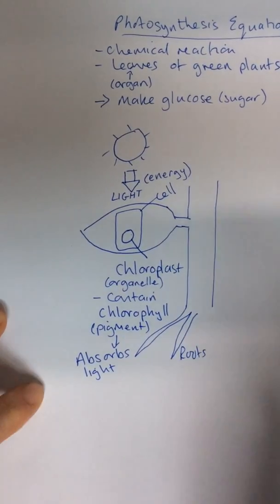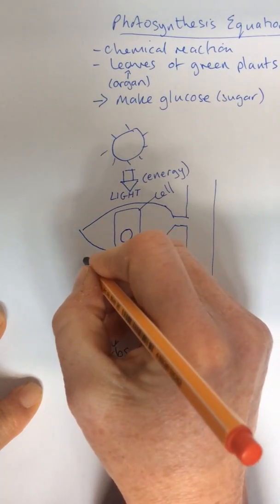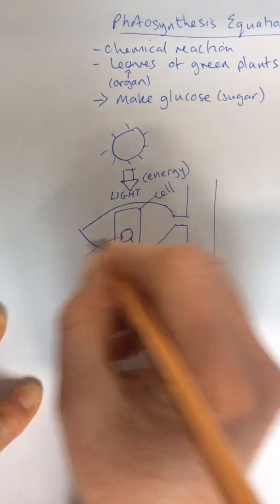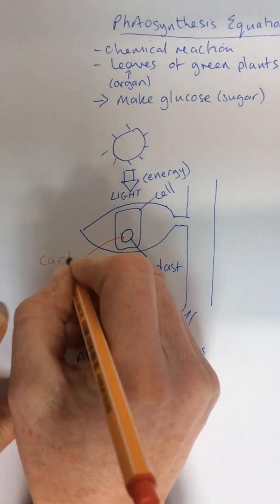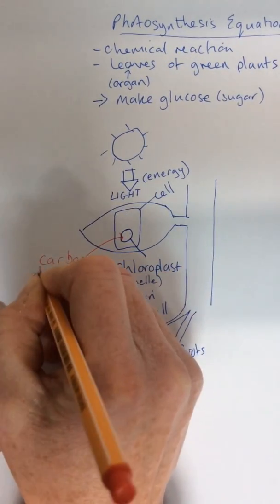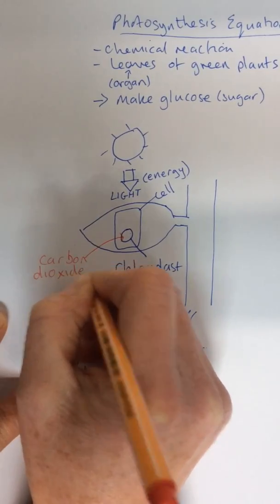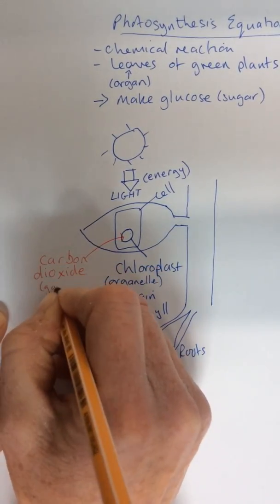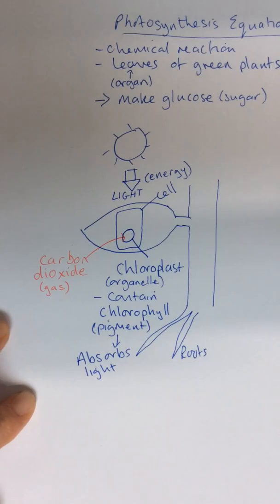Number one thing that goes in is carbon dioxide. As you probably know, carbon dioxide is a gas. Carbon dioxide is needed for photosynthesis, so that goes in.